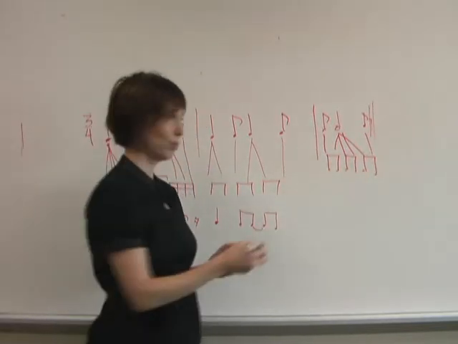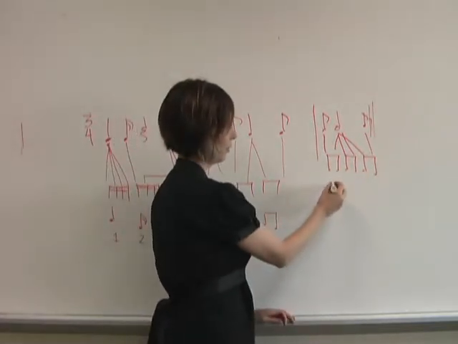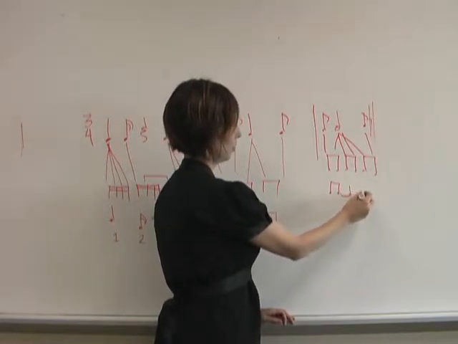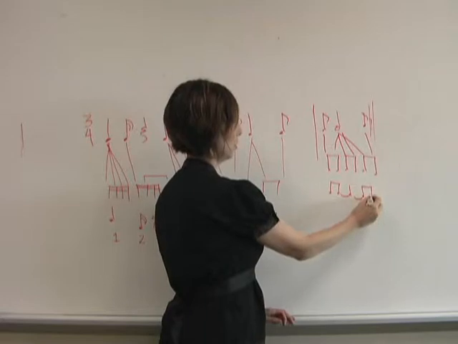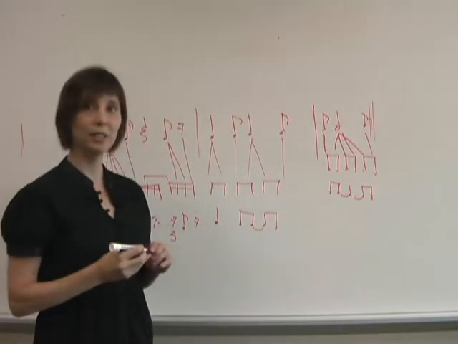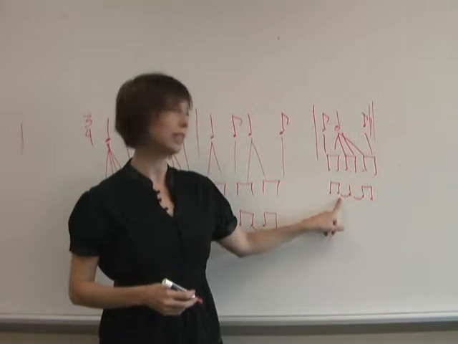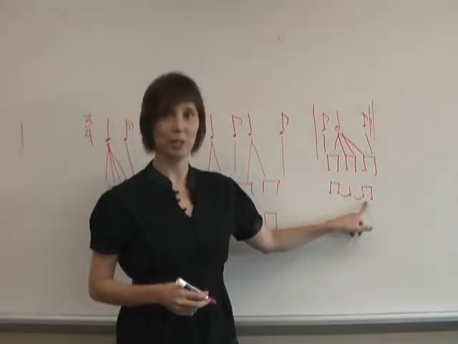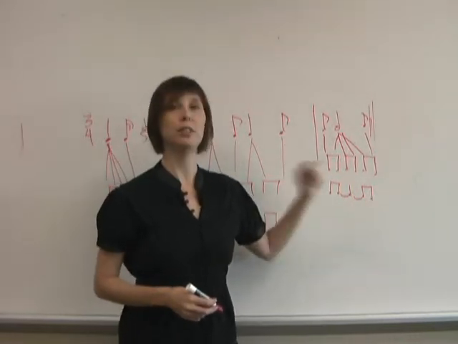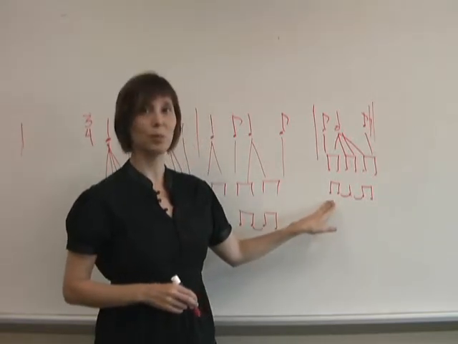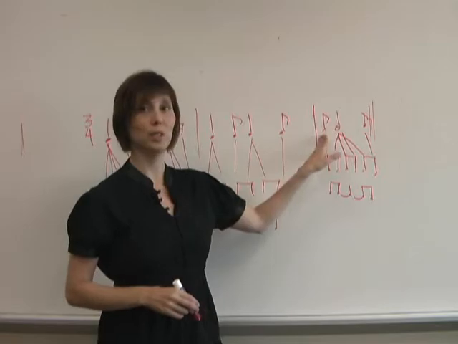So to notate this properly, we should have, we can see this one comes in the second half of beat 1 and is held through the beginning of beat 3, and then our 8th note comes on the offbeat. This would be much easier for someone to perform than this would.